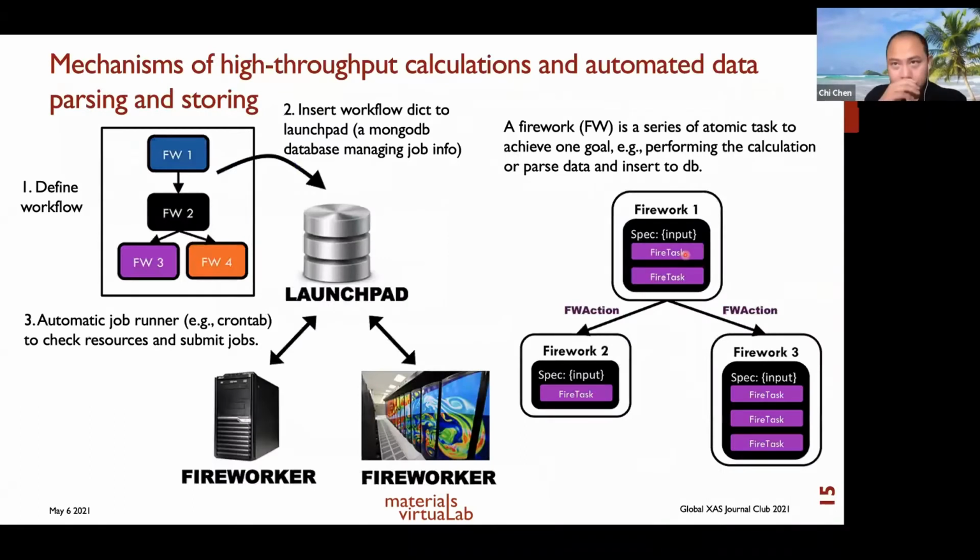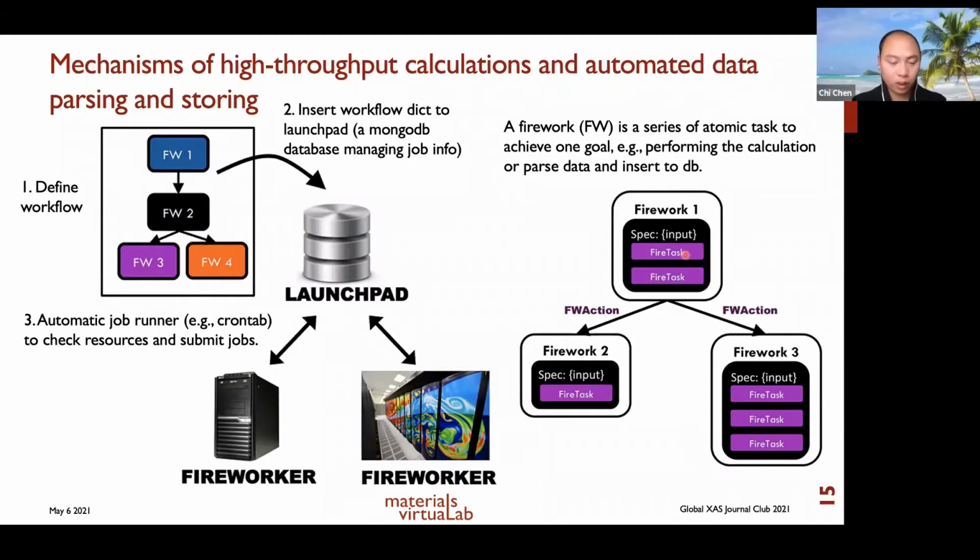So with all this in mind, we can establish the Fireworks calculation workflow. This is how the high throughput calculations are conducted, with automatic data parsing and storing. You first define the workflow, then serialize it into a set of dictionaries and insert the workflow dictionary into a remote database.